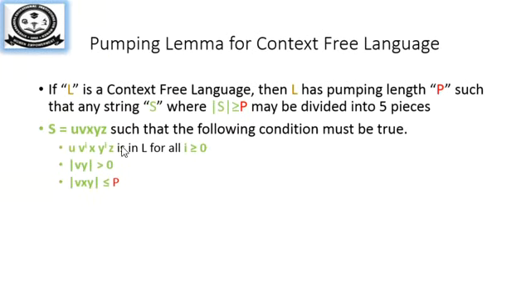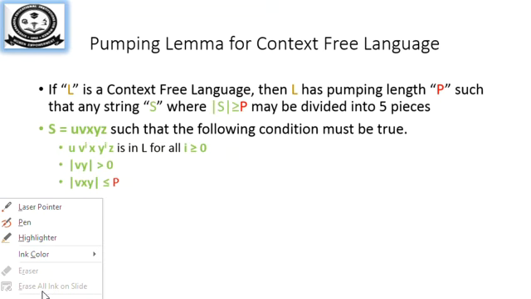If you are dividing a string into 5 pieces, it must satisfy the following 3 conditions. The first condition is that when you raise V and Y to the power of i, that is U V^i X Y^i Z, it belongs to the language for all i greater than or equal to 0.